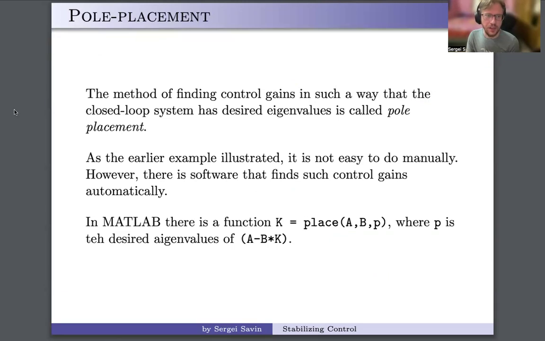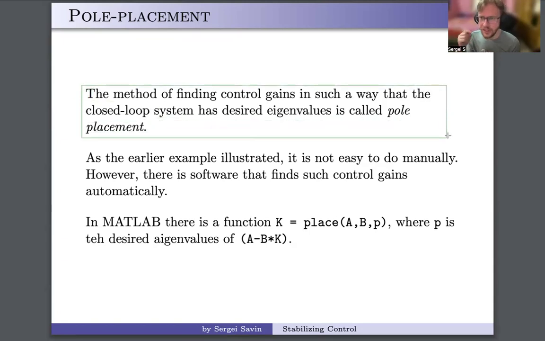Okay, so what we have seen so far is called pole placement. That is a method where you find K in such a way that your eigenvalues, which for various reasons we sometimes call poles, that is older terminology in control theory, so your poles assume the values that you want, right?